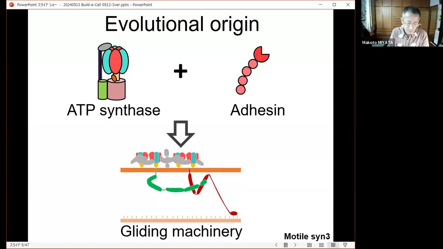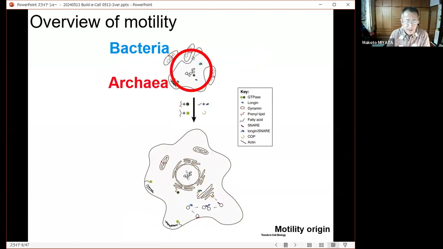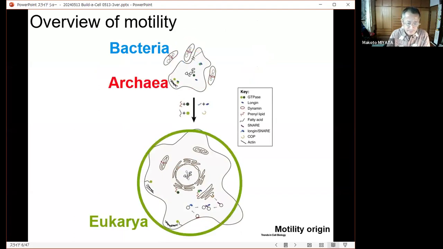Then we wanted to overview the motility evolution. This is too much common sense, but bacteria and some kind of archaea evolved to the eukarya.